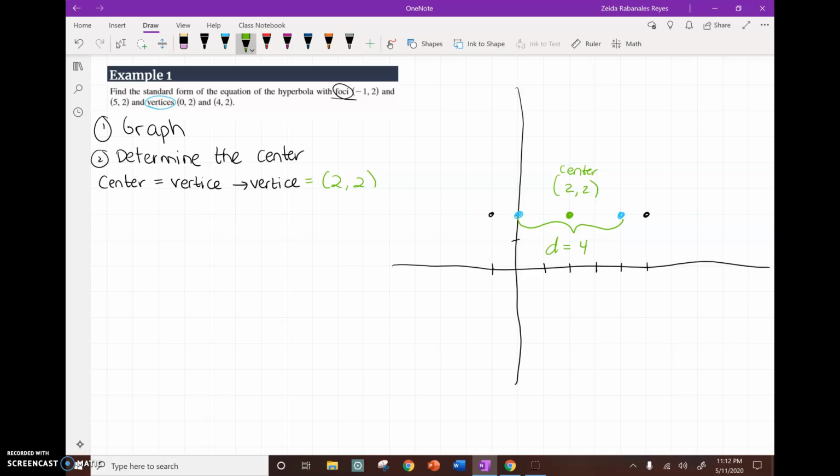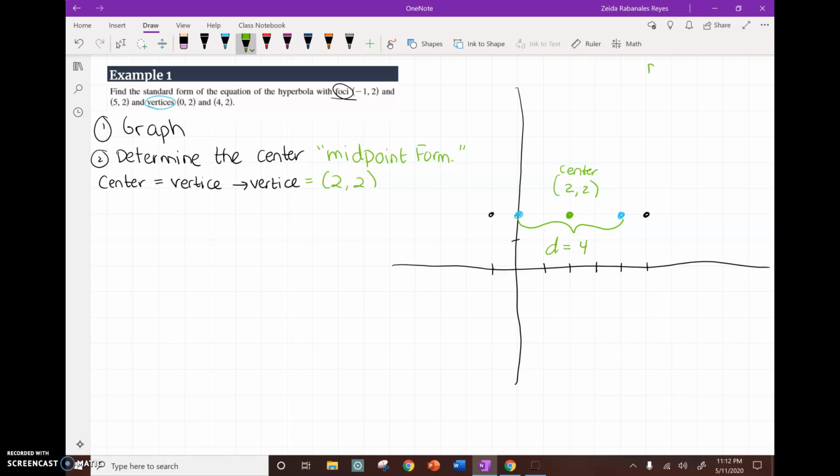There is a formula. You can also use the midpoint formula if you don't trust your counting or you may think that your graph is a little off.